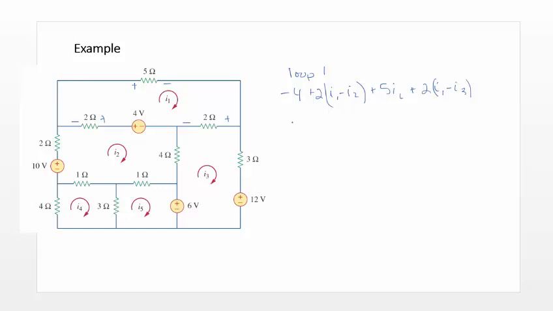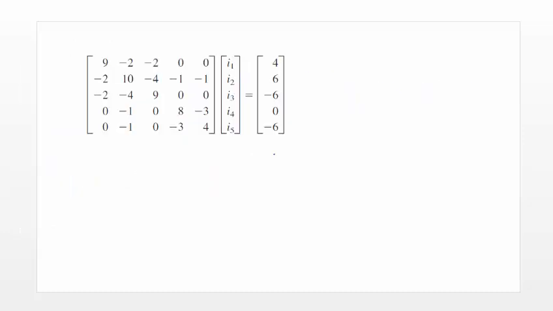And I do the same thing for loop 2, loop 3, loop 4, loop 5, and in the end I'll have 5 equations and 5 unknowns, and I can put it in matrix form like that. So I write my 5 equations and my 5 unknowns.